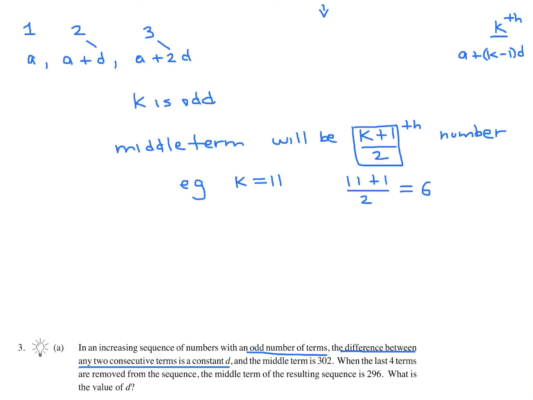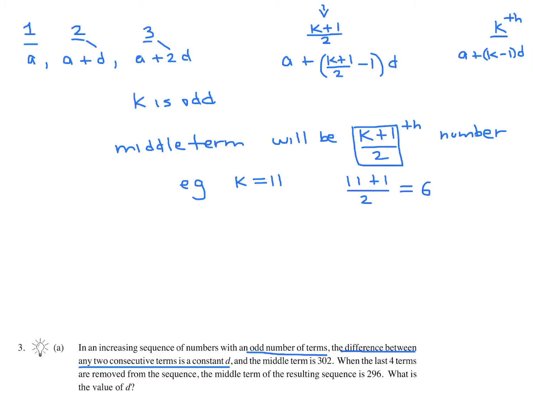So if this is the first term, this is the second term, this is the third term, the middle term is (k plus 1) over 2. Okay? In terms of the term number, not the value of the term. The value of the term will be a plus ((k plus 1) over 2 minus 1), d. Remember, you have to subtract 1. Okay?